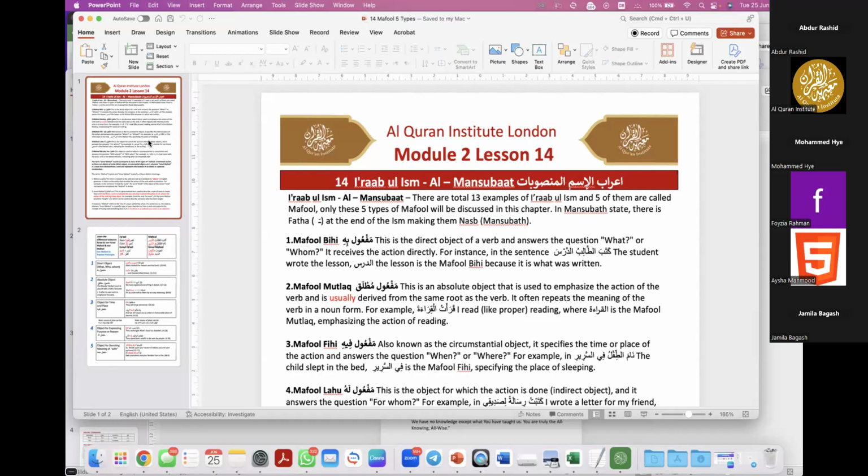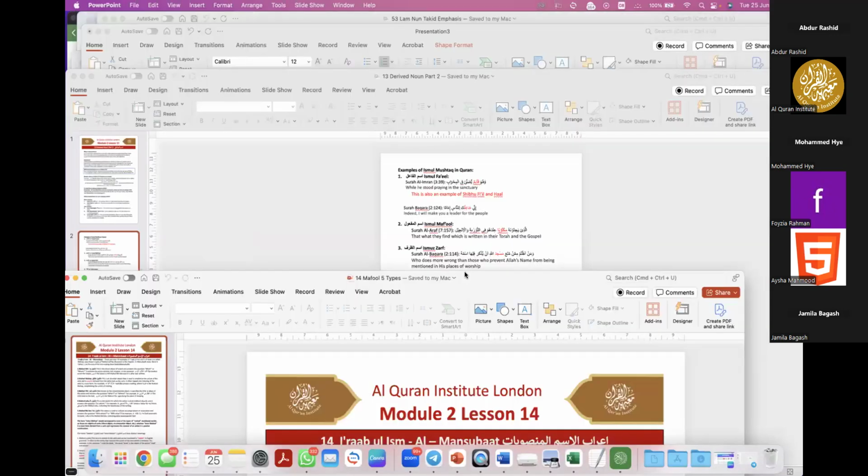How many types of Maf'ul do we have here as Mansubat? Five. And they are called Maf'ul bihi, Maf'ul mutlaq, Maf'ul fihi, Maf'ul lahu, Maf'ul ma'ahu.